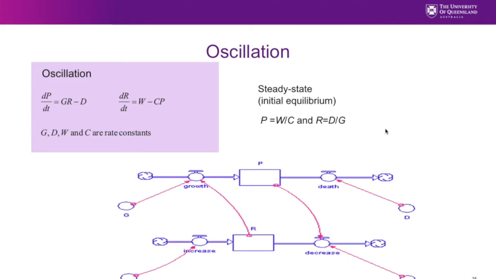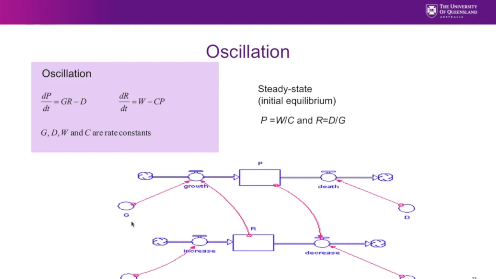So the steady state condition, or the equilibrium, can be calculated by canceling the accumulation or differential component to equal 0, and then solving for P and solving for R, right? And then P will be equal to W divided by C, and R will be equal to D divided by G.